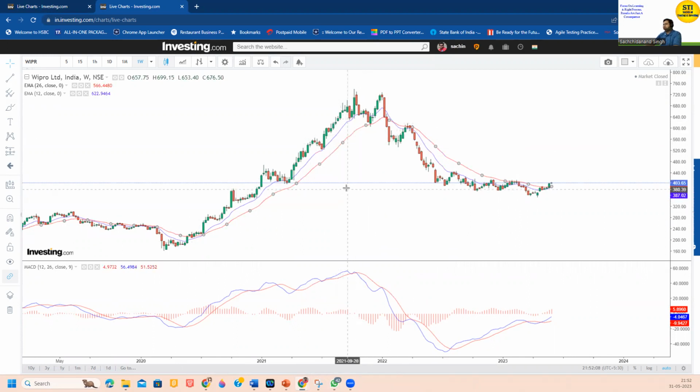At any point of time, whatever the difference is between the 26 EMA minus the 12 EMA, that number will be plotted below, and that will form the blue MACD line. Mathematically, this is how it is happening, but for technical analysis purposes, this is already inbuilt. Some great people have already invented and developed it, and we just need to learn how to use it. That's all.